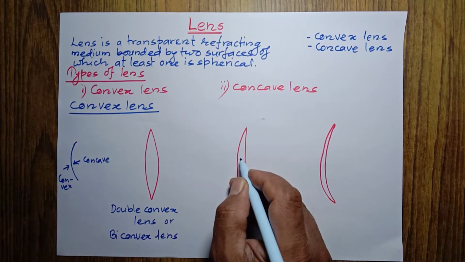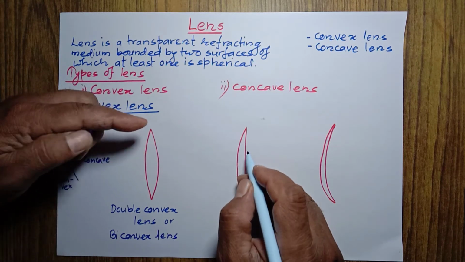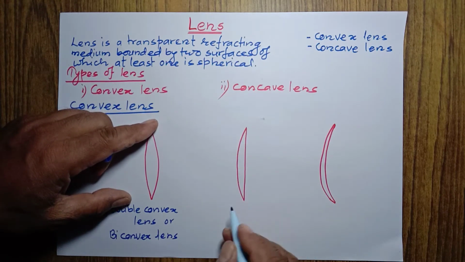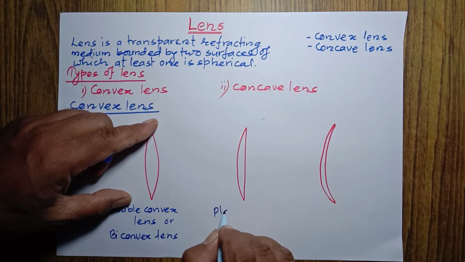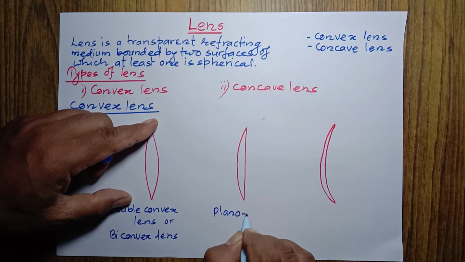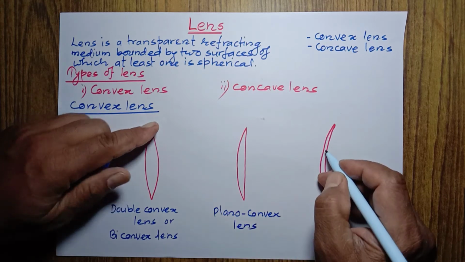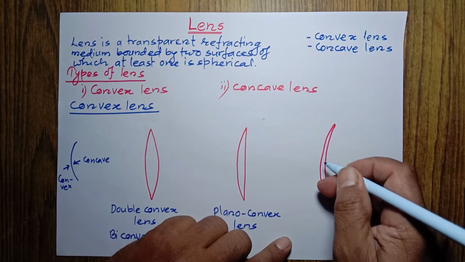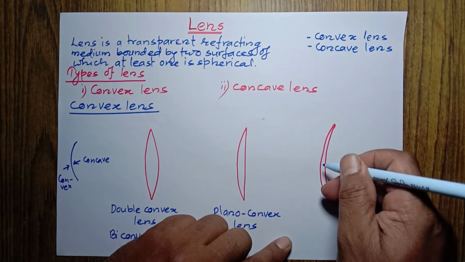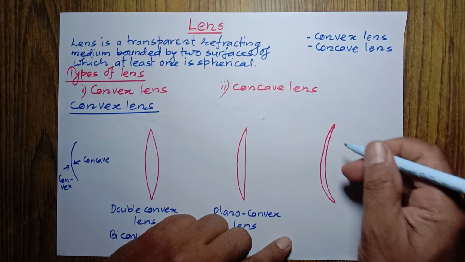This is also a convex lens because the middle side is thick, but one of the sides is plane. That's why it is called plano-convex lens. And this is also a convex lens because the central part is thick and edges are thin.